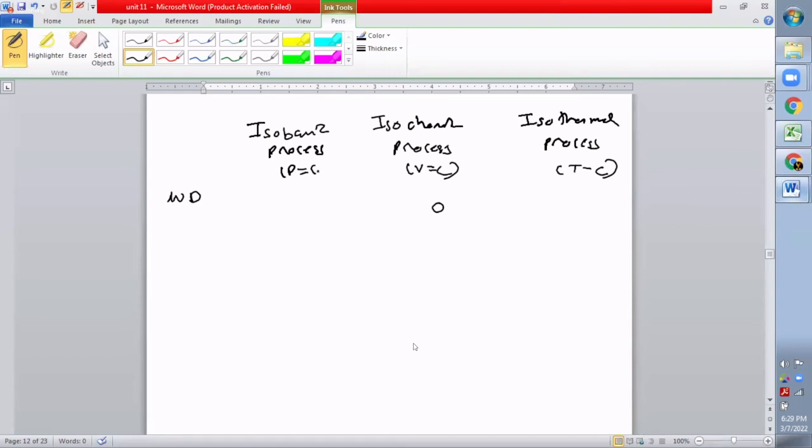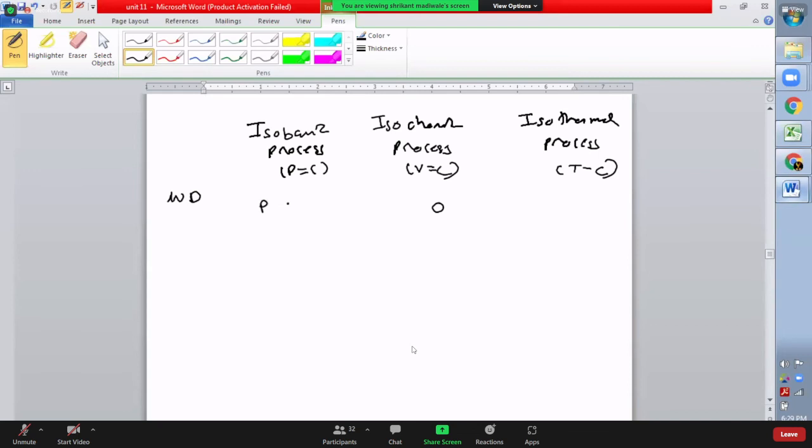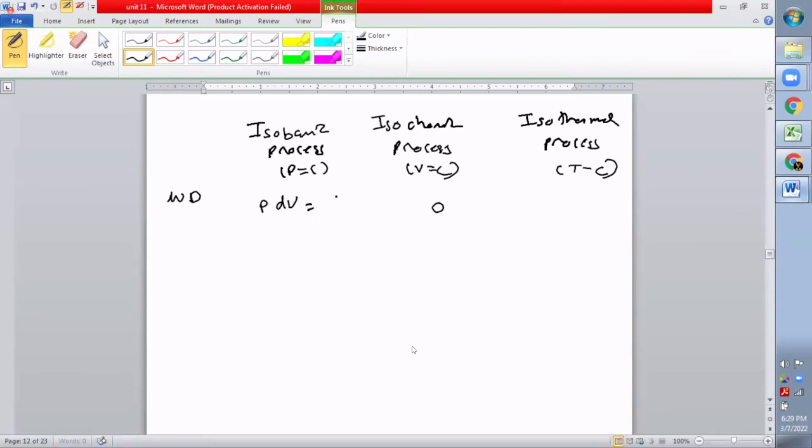What is work done in the case of the isobaric process? P delta V, or we can say P multiplied by (V2 minus V1). Very good. What is work done in the case of the isothermal process? Just now we derived P1 V1 log to the base e (V2 by V1), or P2 V2 log to the base e (V2 by V1). Okay, so this is for work done.